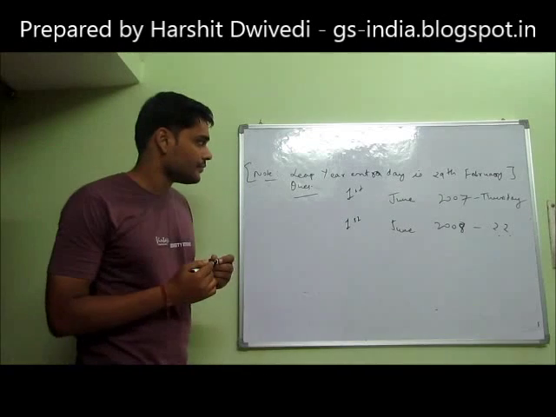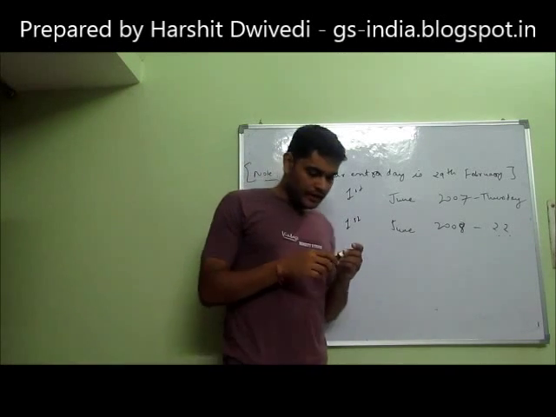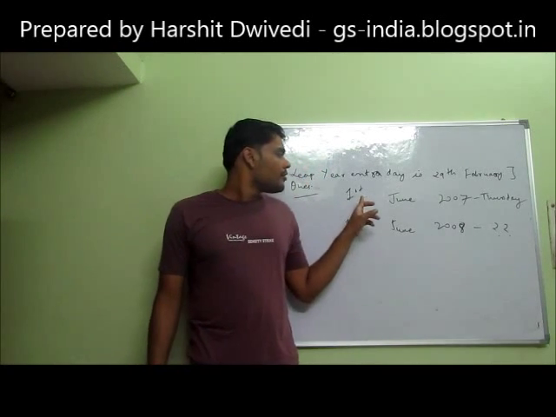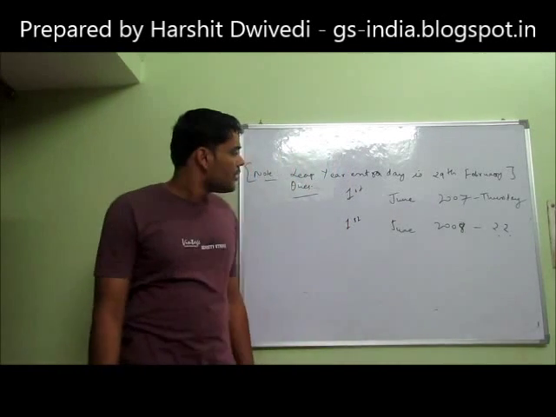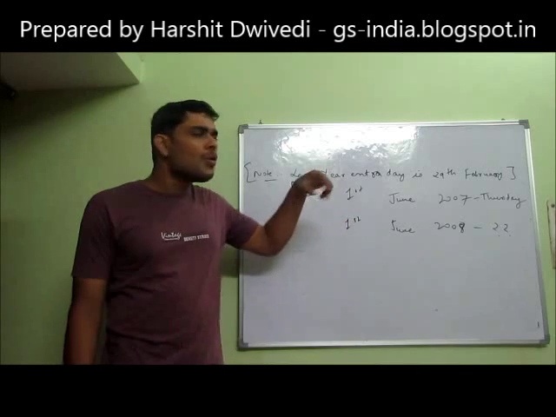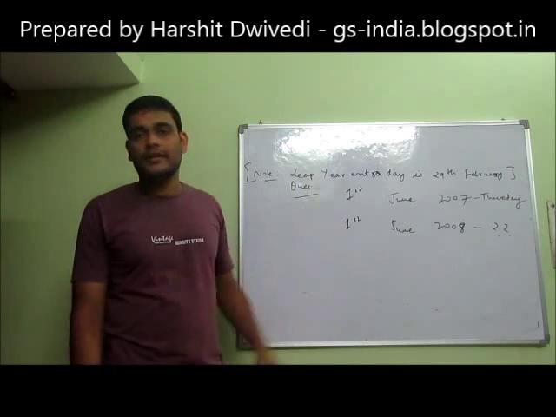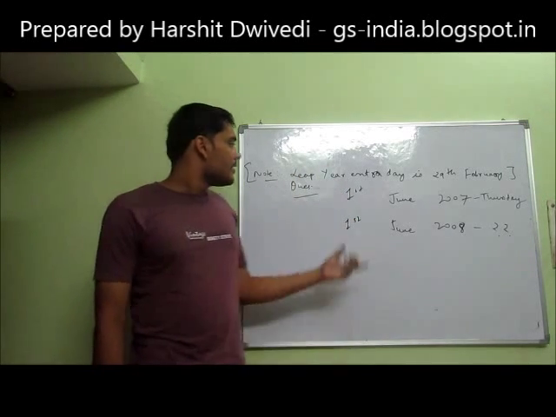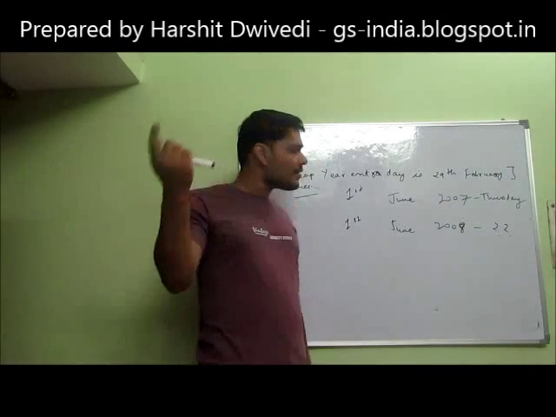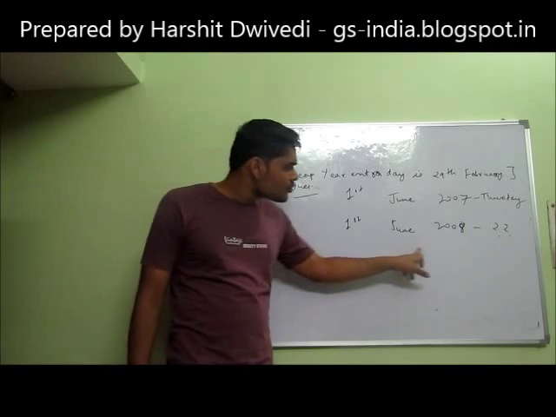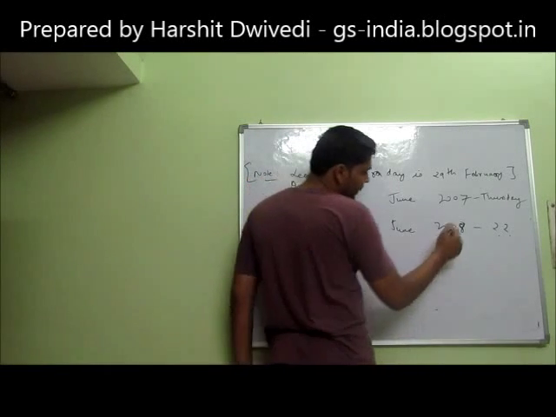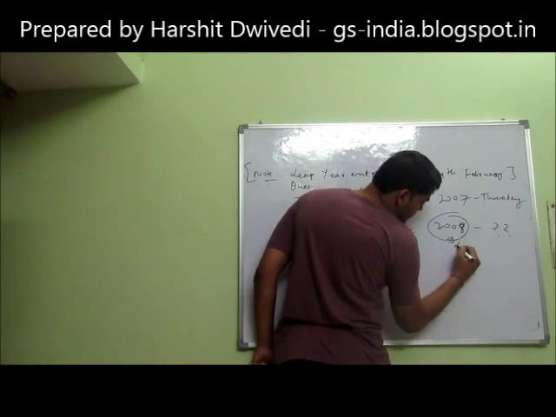So here, till now you heard me clearly. 1st June 2007 Thursday to 1st June 2008. You can see that it is a whole 1 year. This is a full 1 year. That is, 1st June 2007, and exactly after 1 year what will come? 1st June 2008. 2008 is a leap year. You can see it.